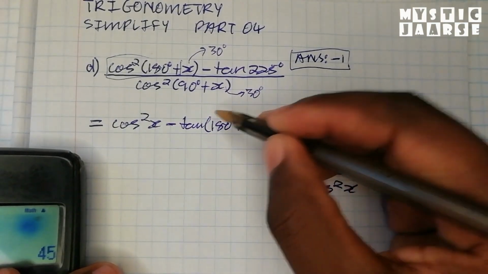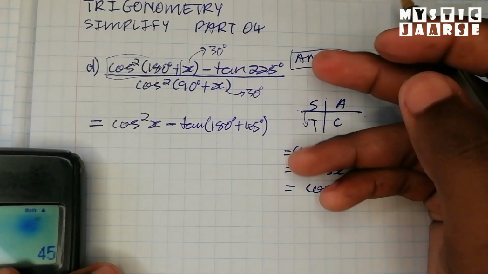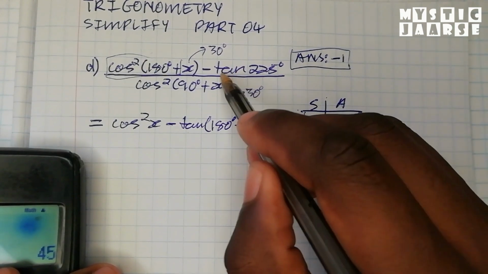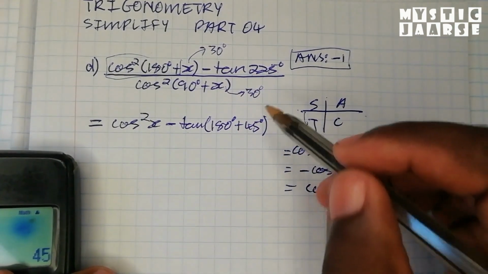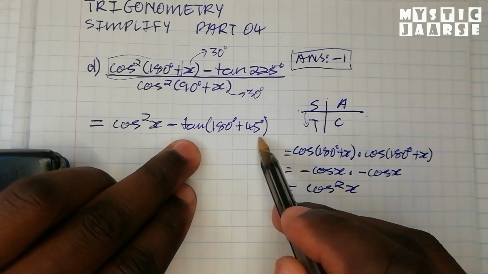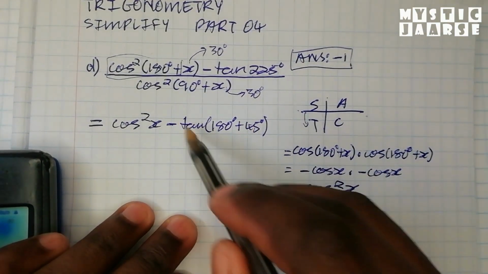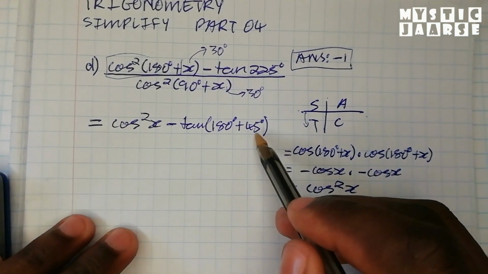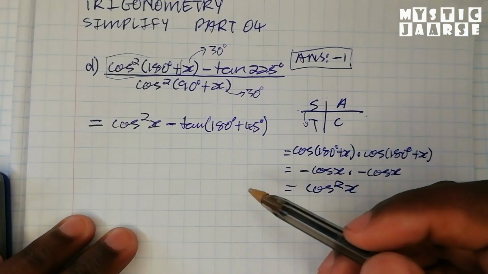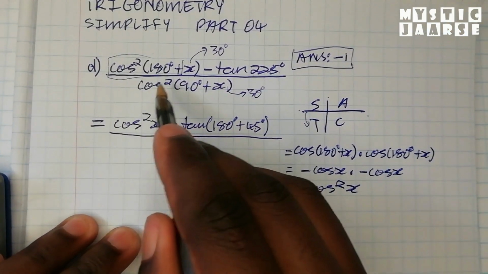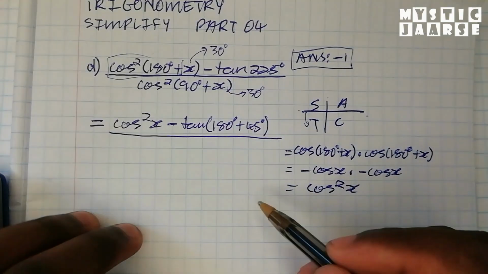So this and this are the same, but we defined tan of 225 in a way that we are going to be able to deal with it, because we can reduce it when it is like this, and 45 is a special angle. All of this is divided by cos squared of 90 degrees plus x.